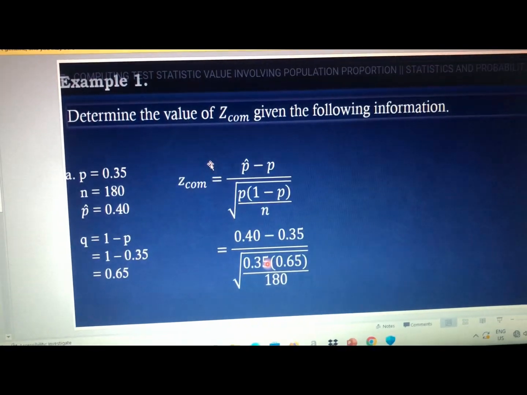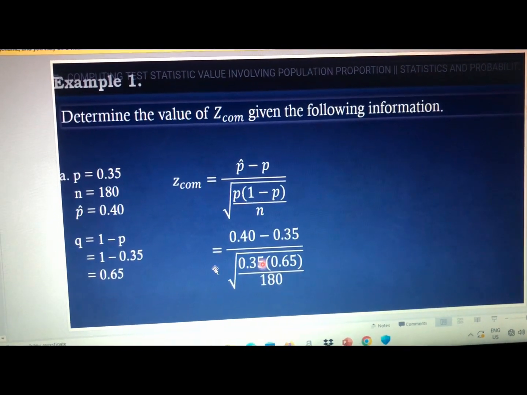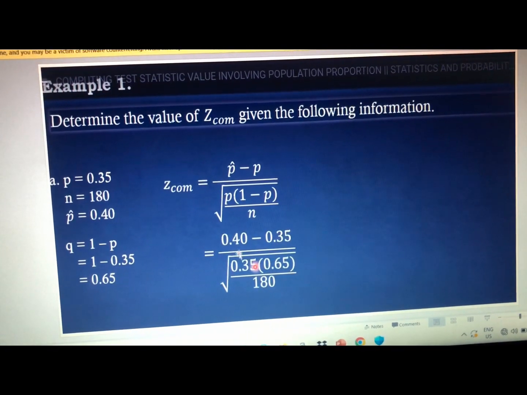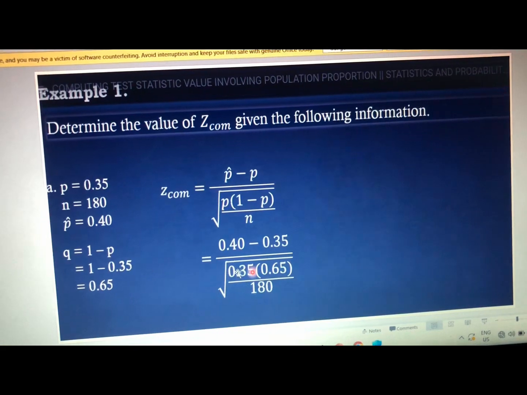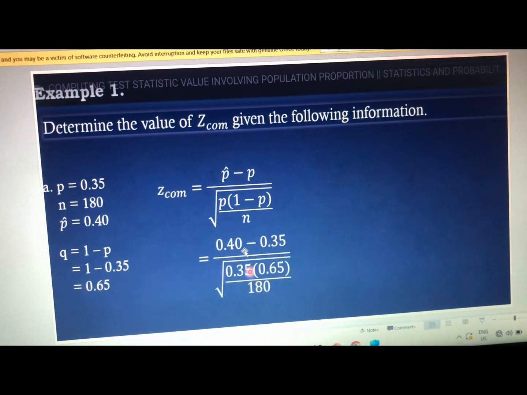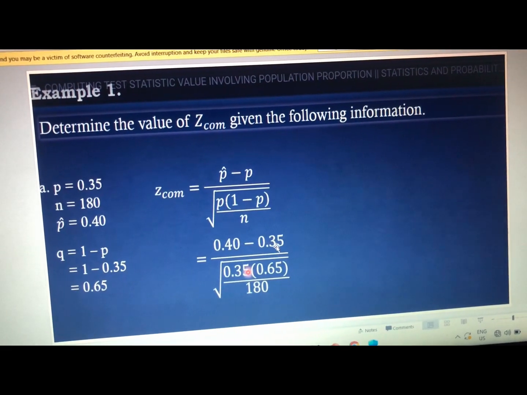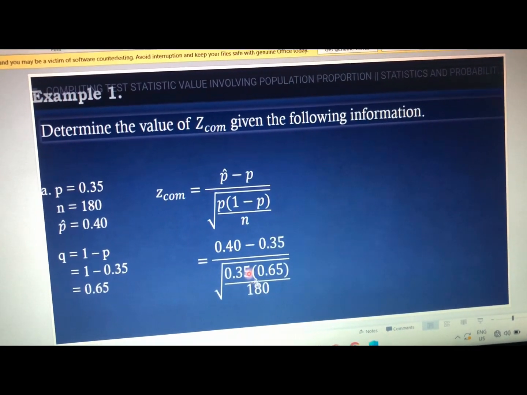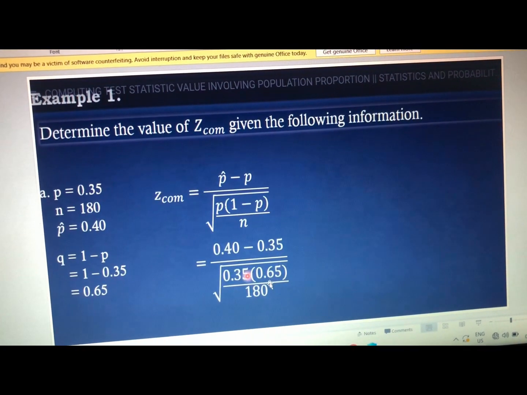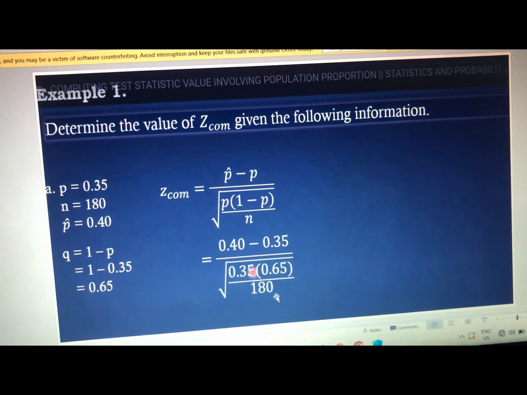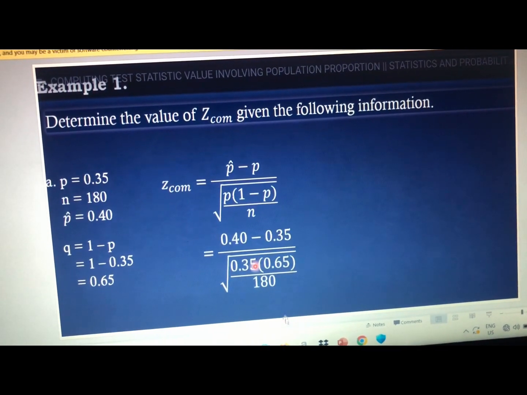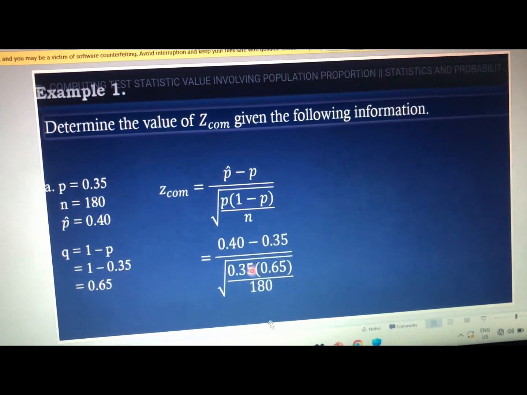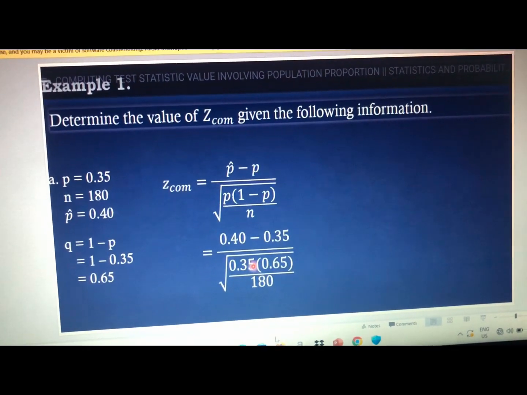So using this formula, substitute all the given data on the formula. So that is 0.40 minus 0.35 over the square root of 0.35 times 0.65 over 180. Now, kung ako sa inyo, i-direct nyo to sa calculator.